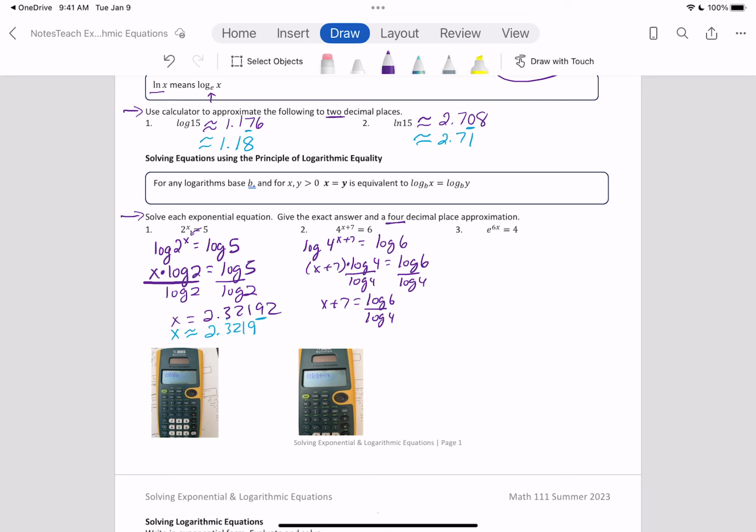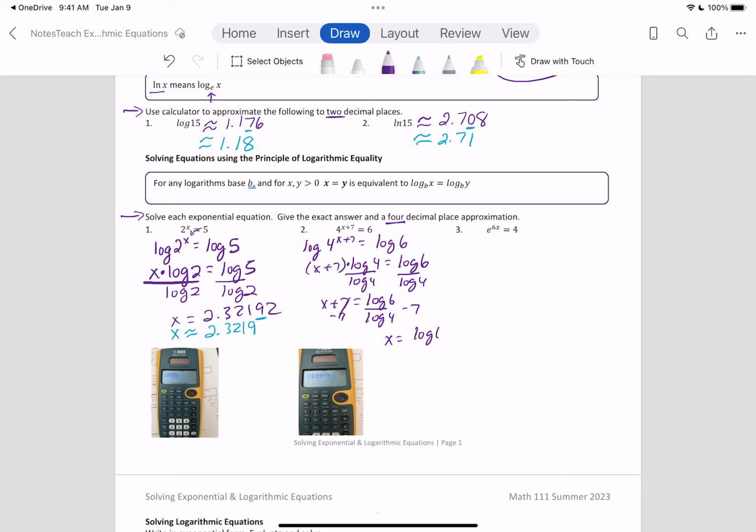Now, this question in particular is one that you need to be careful and make sure you're watching how I solved, because I don't want you estimating until the end. So don't go ahead and put log 6 divide log 4 in the calculator and put an approximation down. You'll see the way I'm working this and the way I entered it into the calculator is what I'm looking for. To get the x by itself, I need to subtract that 7 from both sides.